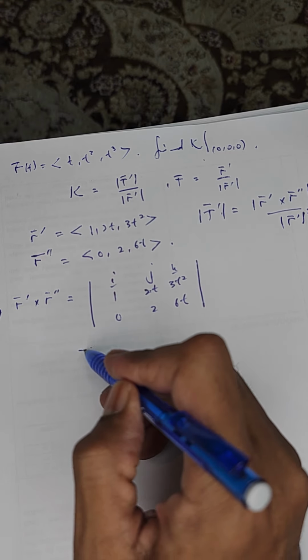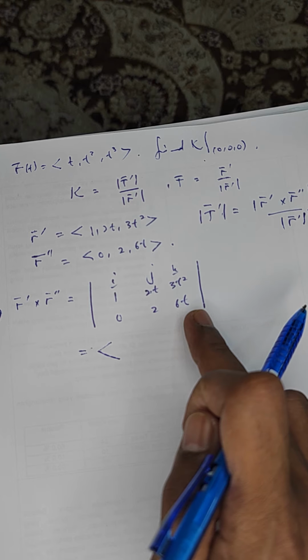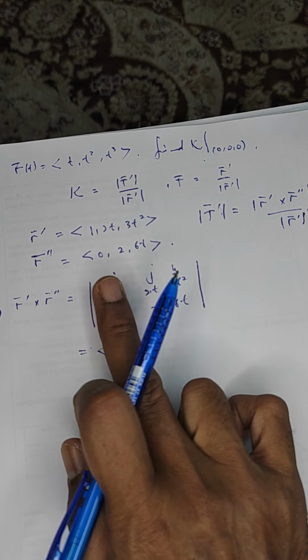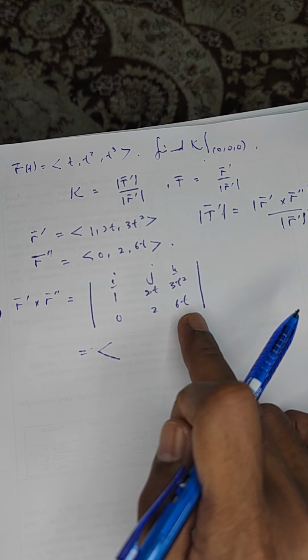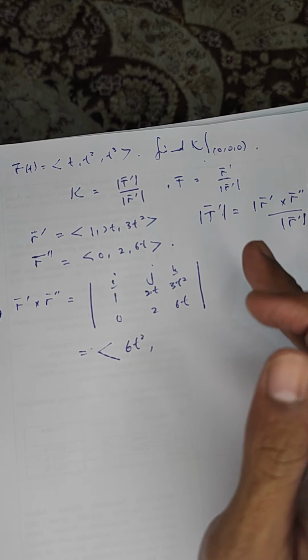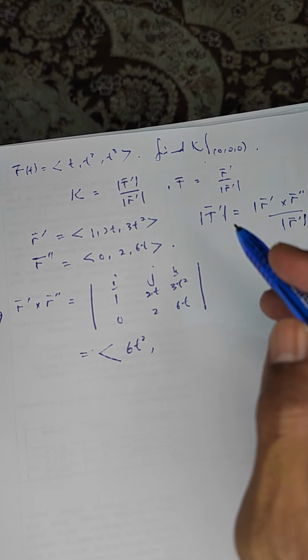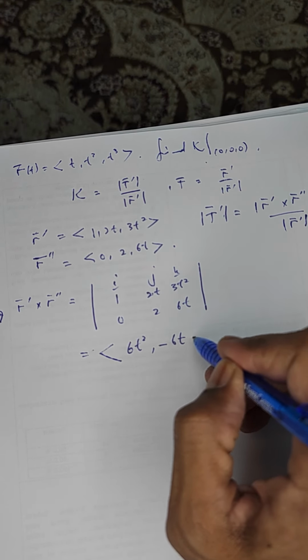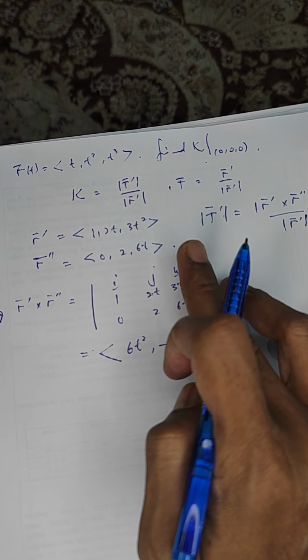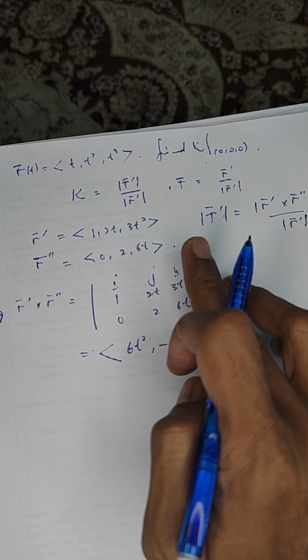Right, that will give you, for i we have 12t squared minus 6t squared, so you have 6t squared. For j we have that 0, so minus 6t, and for k we have 2, right?